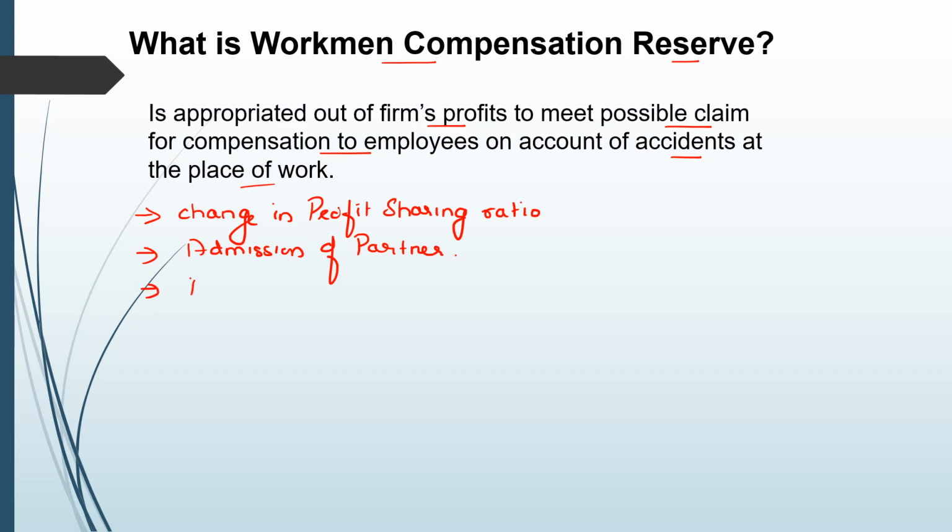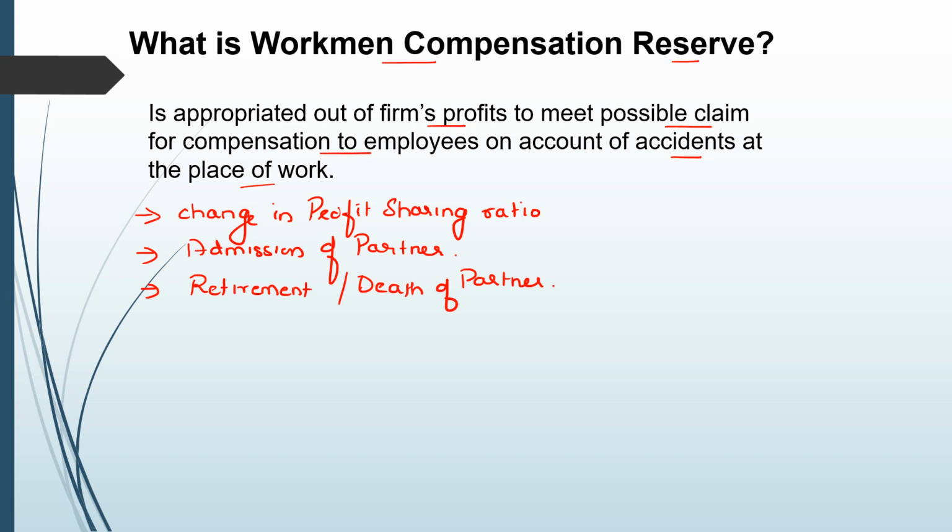The third situation is in case of retirement and even in case of death of a partner. Here a partner is retiring or has died, so he is going out. His combined effort with the other existing partners had resulted in profit and they were able to create that reserve.